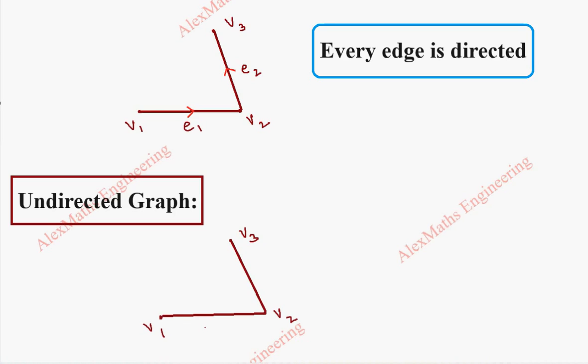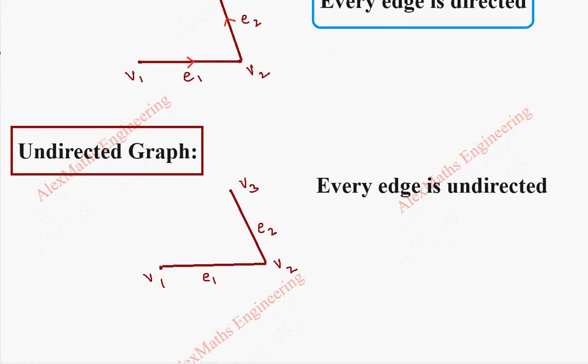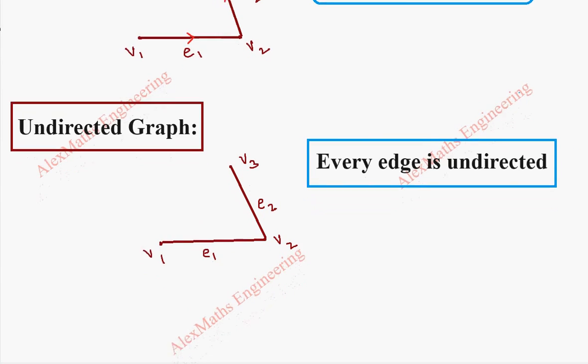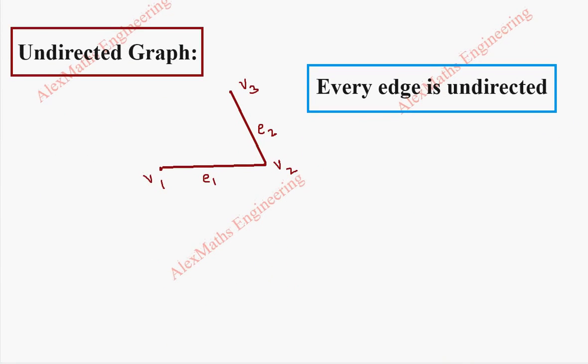We name the edges e1, e2, but we are not giving any direction. So we see here every edge is undirected. We don't have direction showing which edge is incident on which vertex. Such a graph is known as the undirected graph.